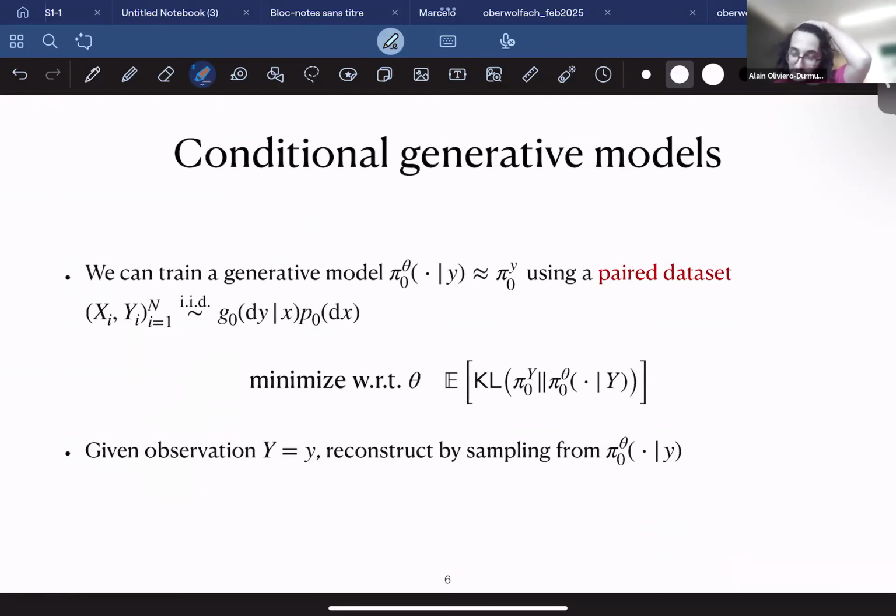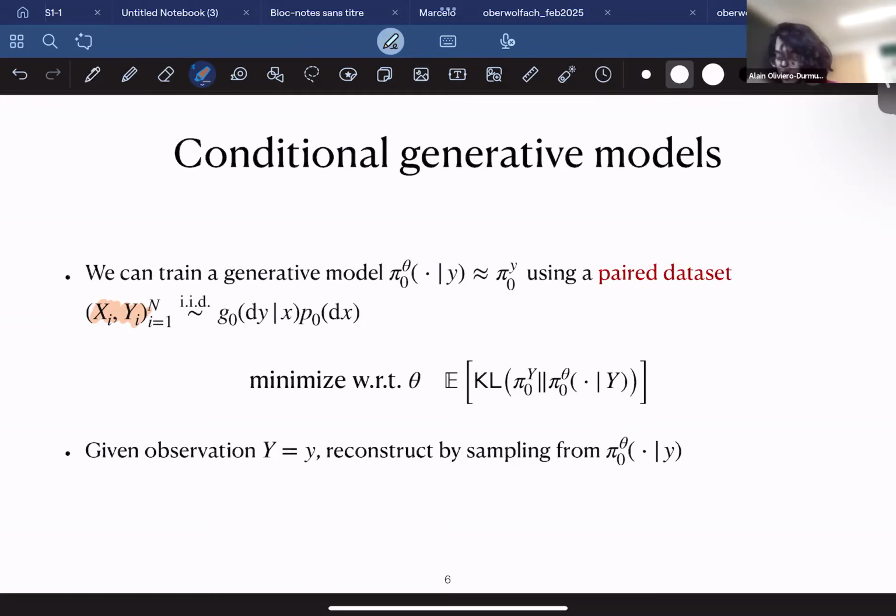So you could think at first glance that, since you deal with diffusion models, why not try to train another diffusion model? That would be one solution, which I just present here. Suppose that you have some joint observations xi, yi, which come from the joint distribution I just specified before.